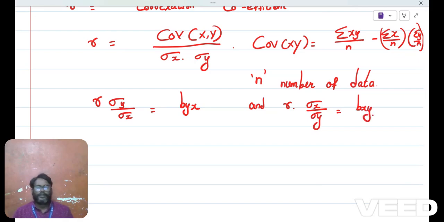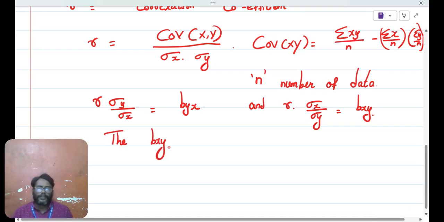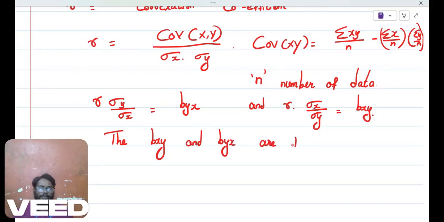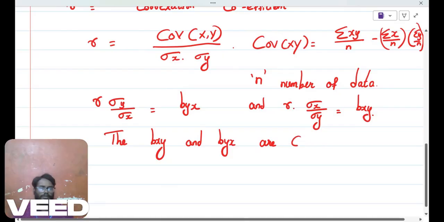The b of xy and b of yx are called the regression coefficients.